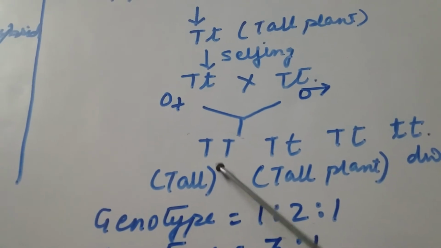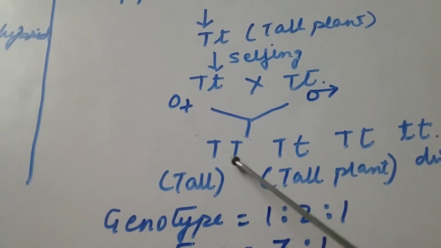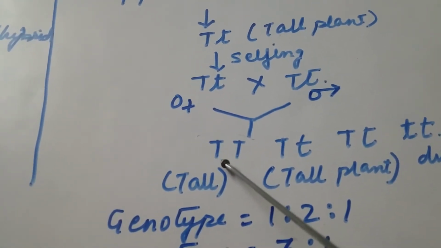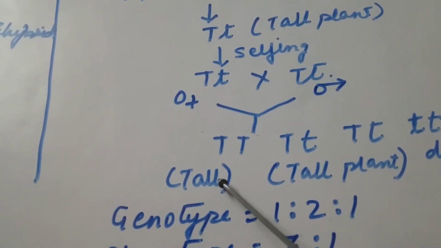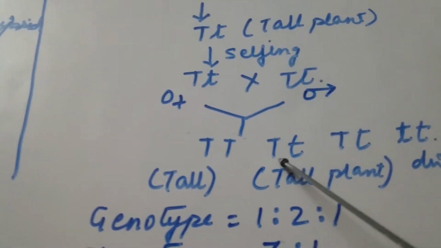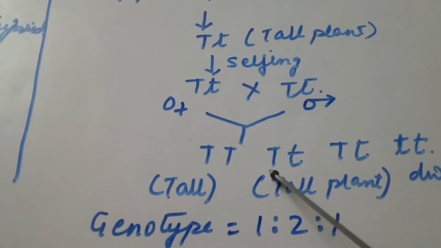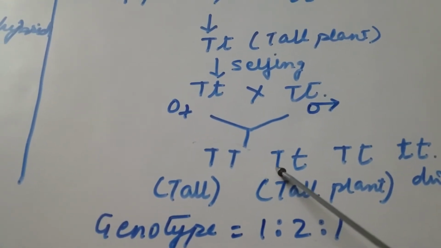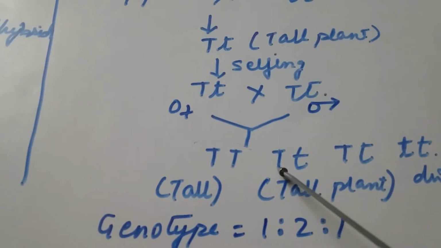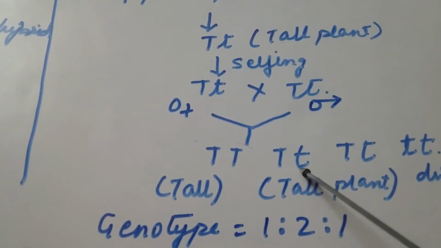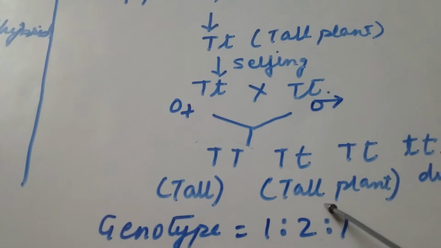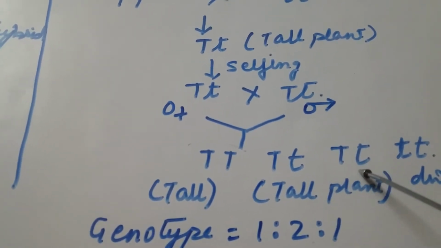T is the dominant character, so it will lead to the formation of a tall plant. Here it is an intermediate product, where the dominant character is going to mask the recessive allele, and it will again lead to the formation of a tall plant.